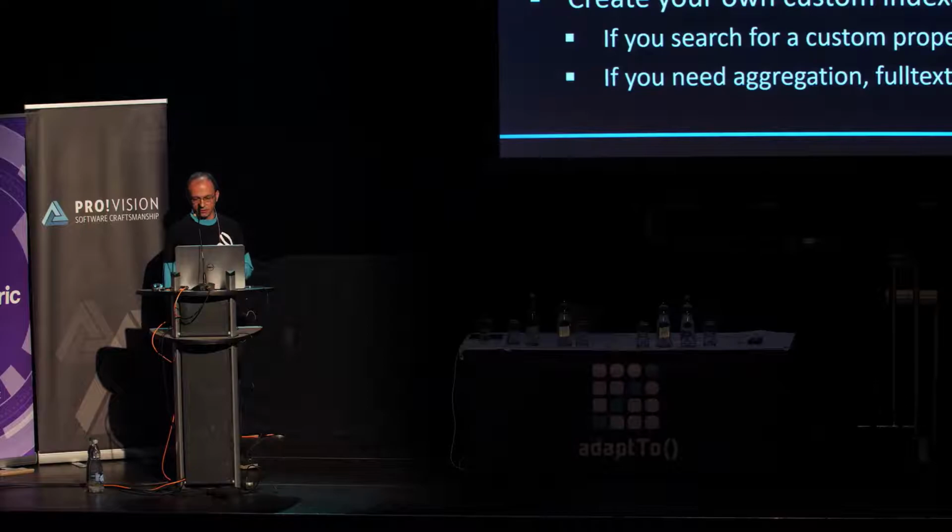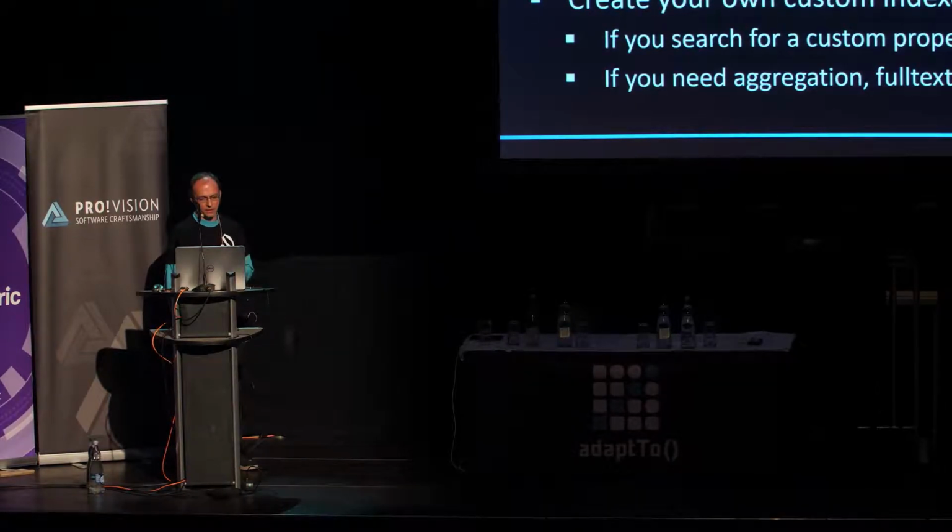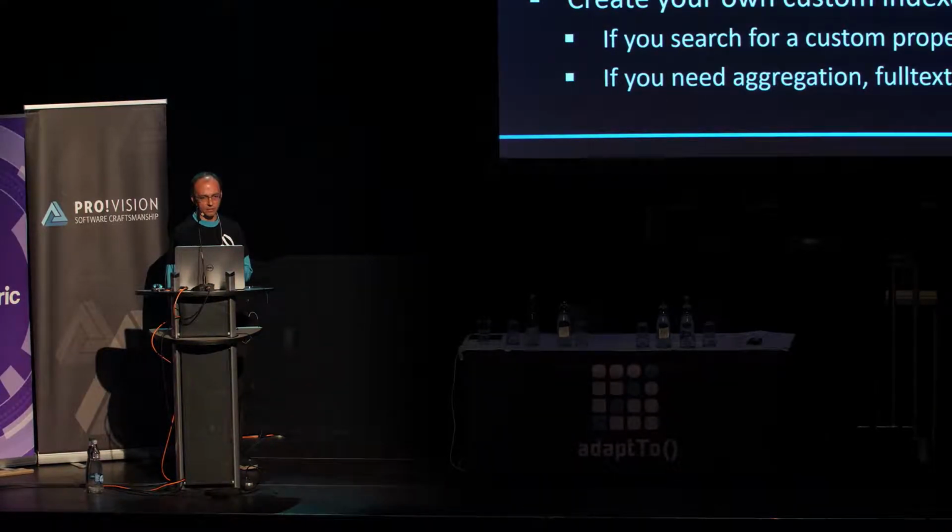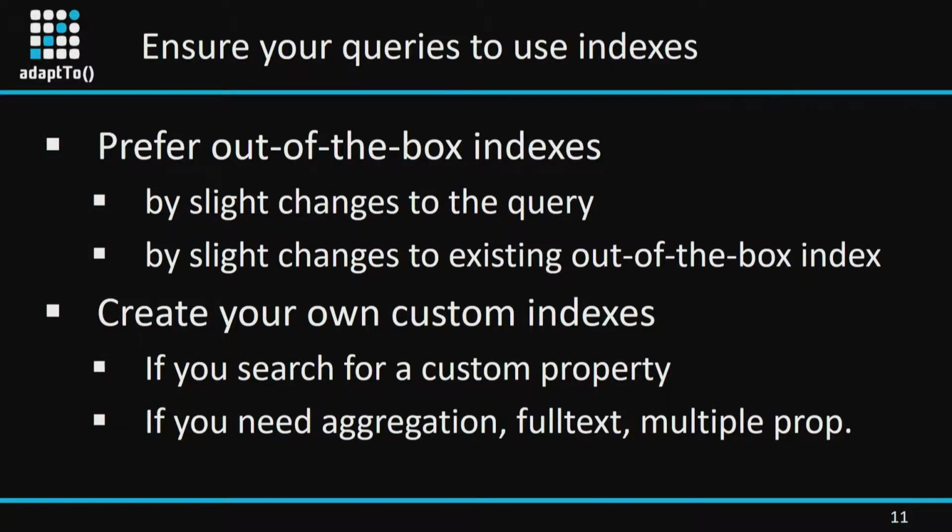If no index is used, then there are basically 3 options to reach that your query uses an index. For the simpler queries, my advice is to prefer to use the out-of-the-box indexes. That can be done eventually by slightly changing the query or by slightly changing an existing out-of-the-box index.